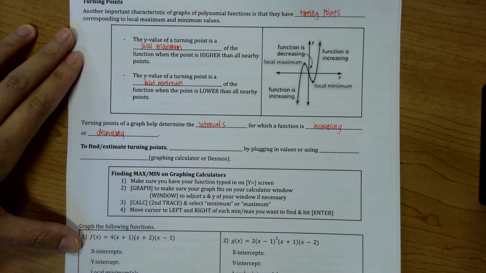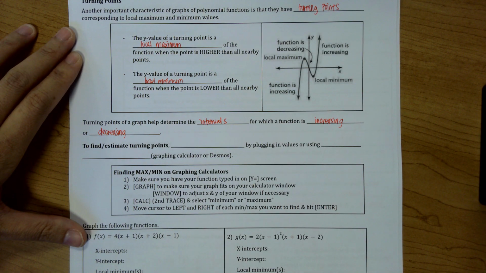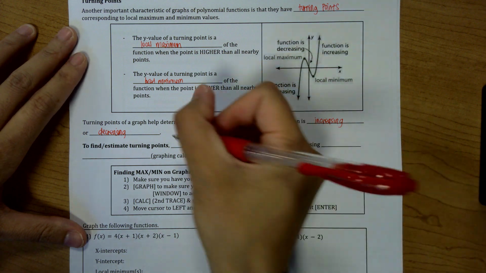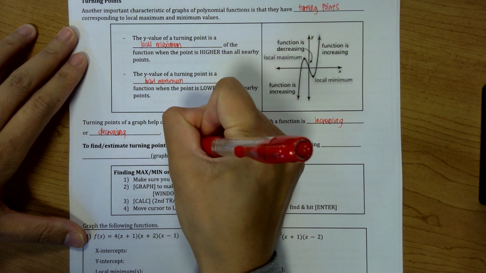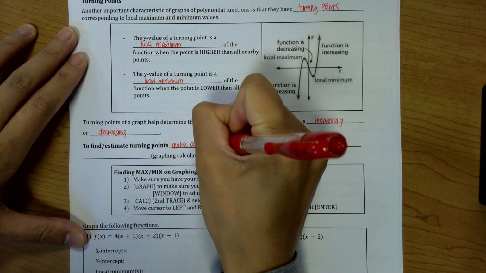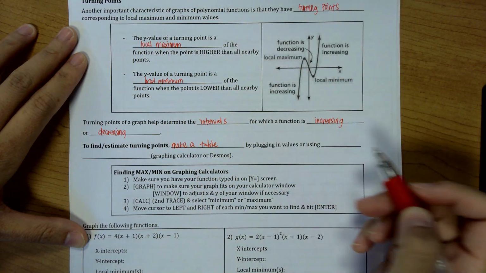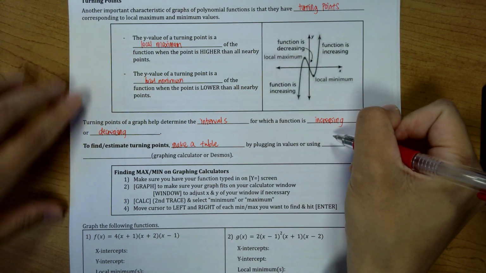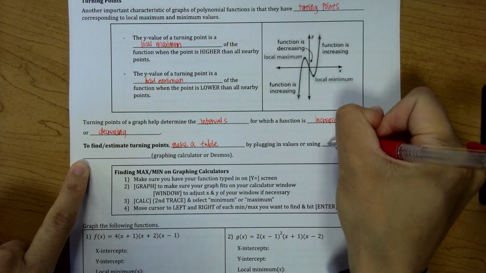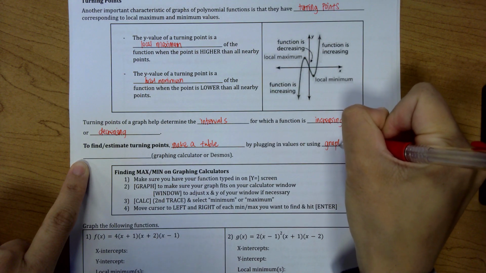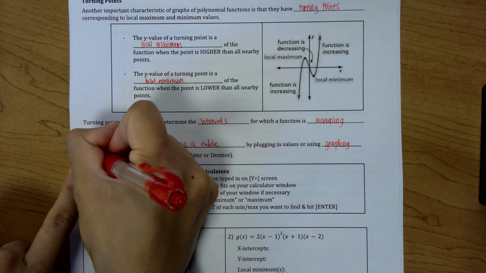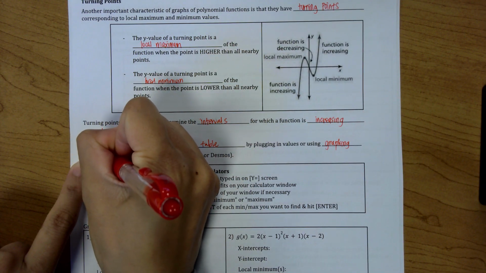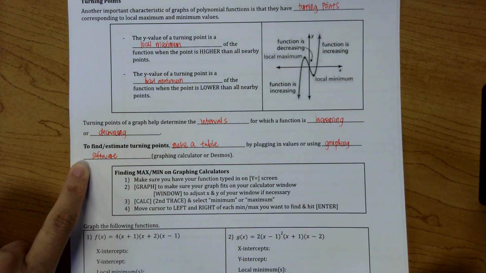To find or estimate your turning points, you have two methods. You can make a table by plugging in values, which is a pain, or your graphing calculator. But the most efficient way is using graphing technology or graphing software, which is when you use your graphing calculator or Desmos.